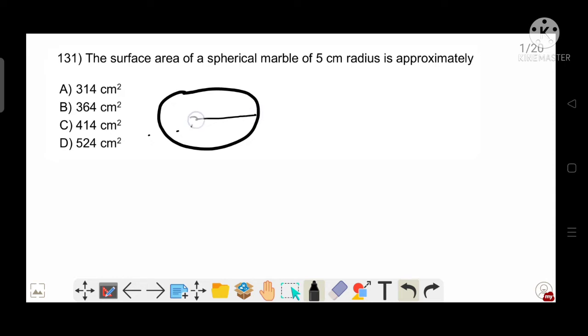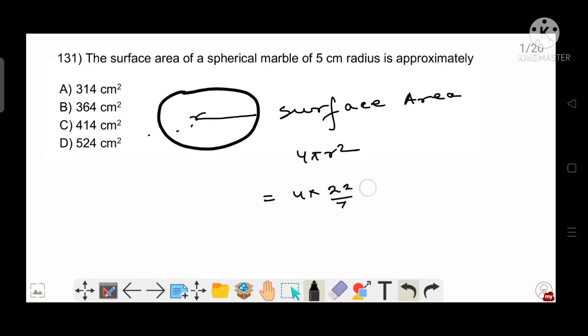This is the radius r. We have to find the surface area. Surface area would be 4 pi r square. So that you put the value, you get the answer. 22 by 7 into r square, r is 5, square 25.